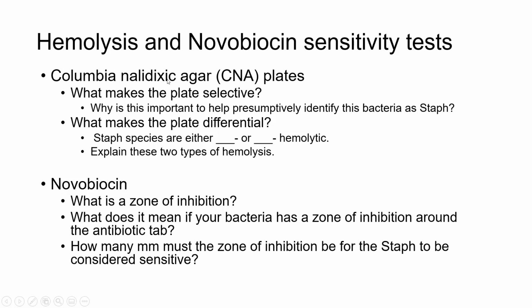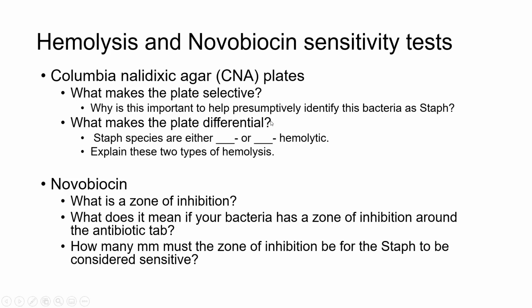What this does is it prevents the enteric bacteria from being able to grow. So those gram-negative bacteria cannot grow on this. So the gram-positives, such as staph, should be able to grow on this plate.